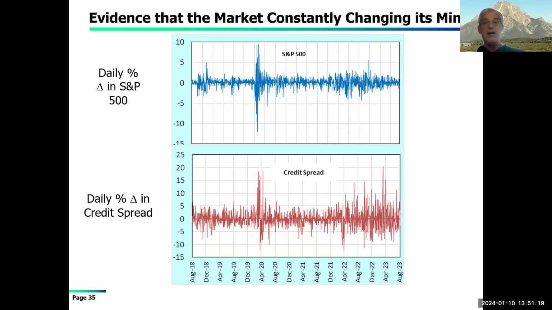But all you have to do is look at the data and look at the lines and say, holy cow, the prices on these things on a percentage basis are changing a lot, and they're changing a lot every day. And what that is telling you isn't just about risk, it is telling you about markets.